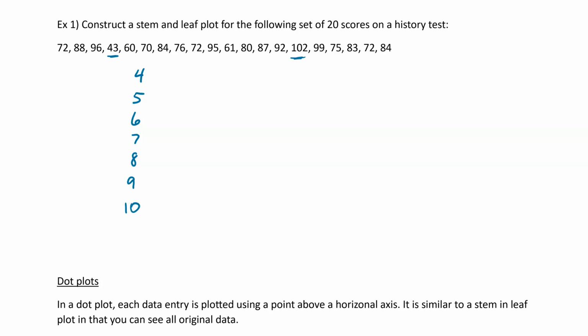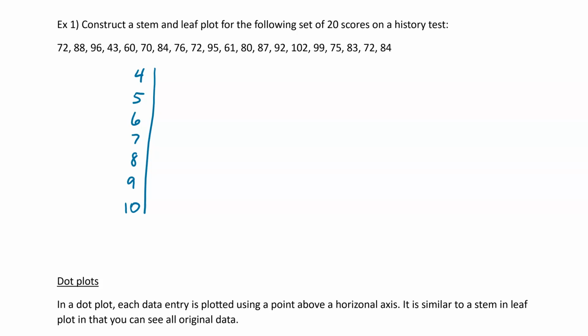We're stopping there because 102 is the last one, and its leftmost digits are 10. Then we're going to put a line, and go through all of this data and fill it in.